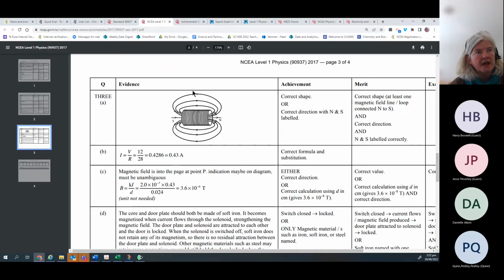And as you go further out, make sure it goes further apart. And you've got to have labeled. So here for merit, you've got to have the correct direction. Now, I did not put arrows in my diagram, so I would get achieved, but not any higher. Because you've got to have the arrows, the north and south, and showing that it goes further apart the further away you go.